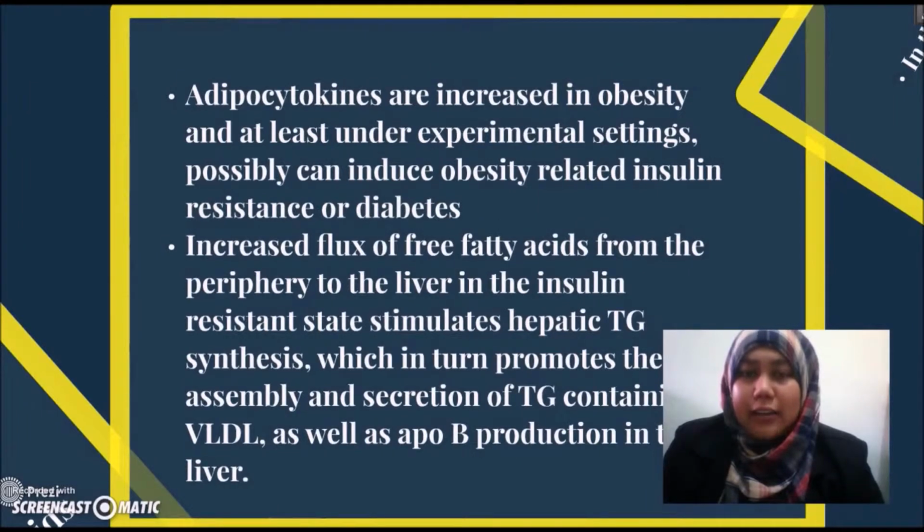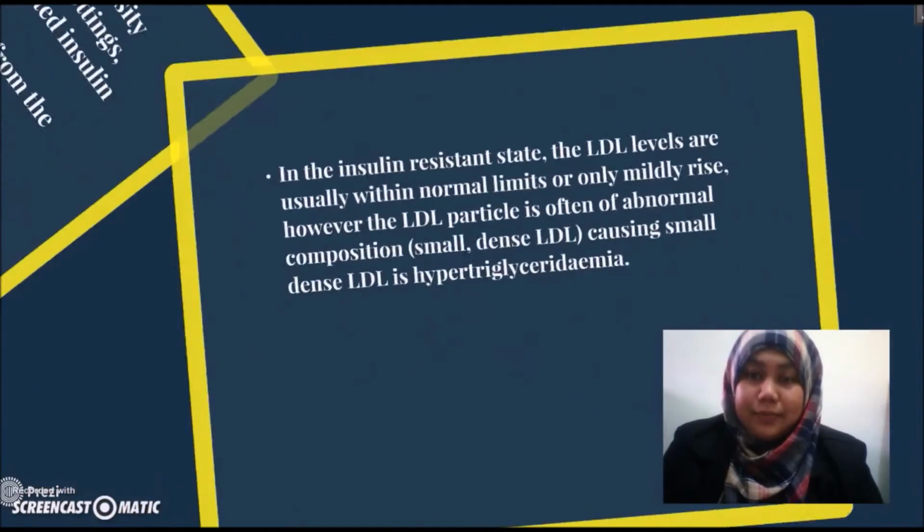Adipose cytokines are increased in obesity, and at least in experimental settings possibly can induce obesity-related insulin resistance or diabetes. Increased flux of free fatty acids from the periphery to the liver in the insulin-resistant state stimulates hepatic TG synthesis, which in return promotes the assembly and secretion of TG containing VLDL, as well as ApoB production in the liver.